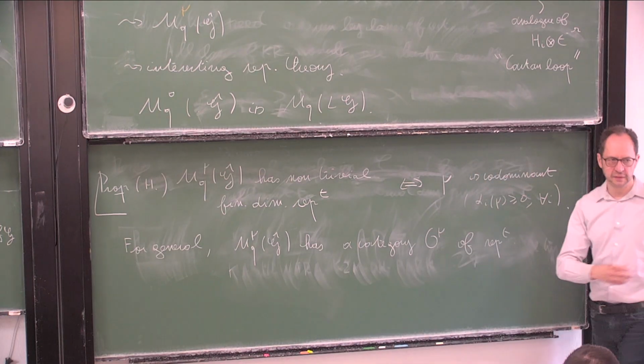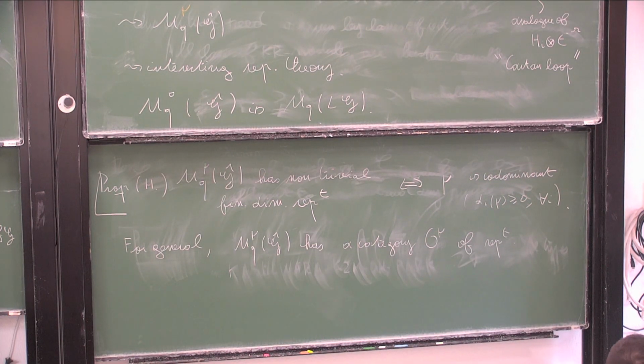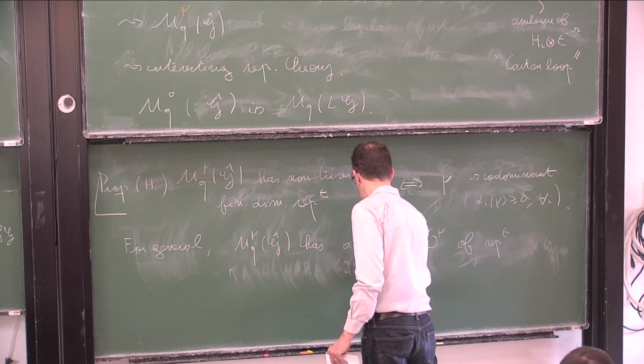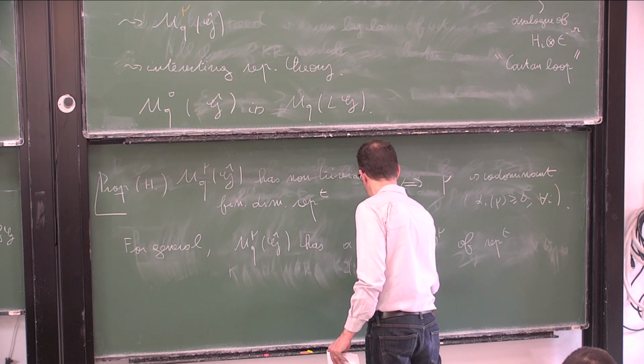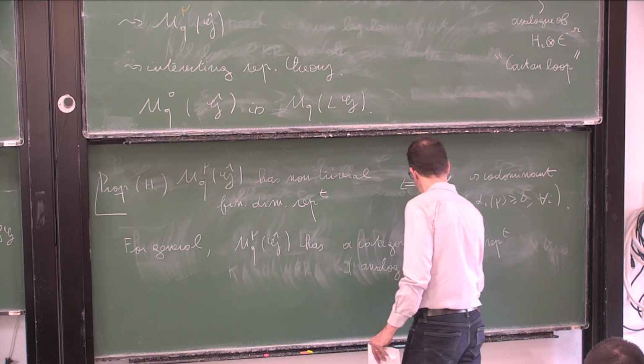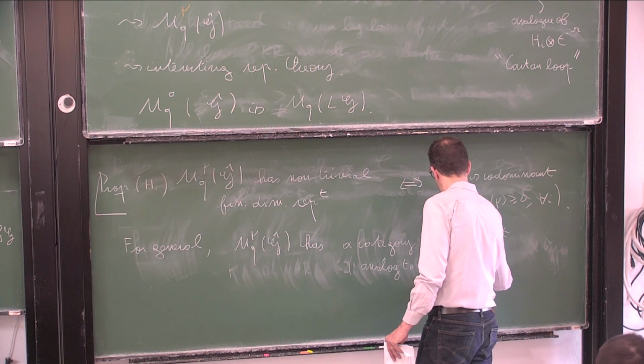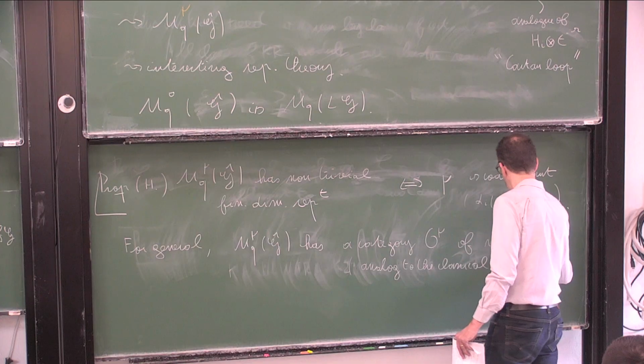It's defined as the usual category O, meaning that you have weight space decomposition with respect to the finite type Cartan. Weight spaces are finite dimensional. And then you have a cone condition, meaning that for a representation in this category O_μ, any weight is in a finite union of cones. So that's analogous to the classical weight space decomposition.